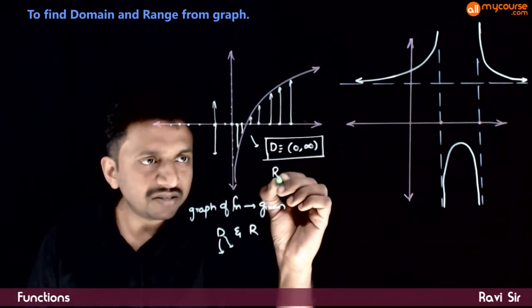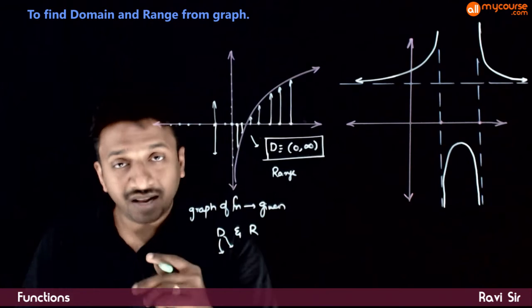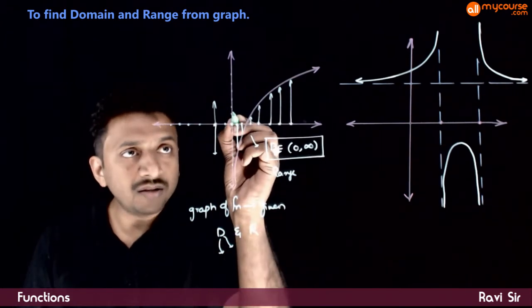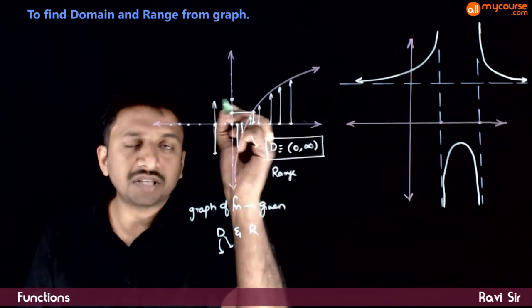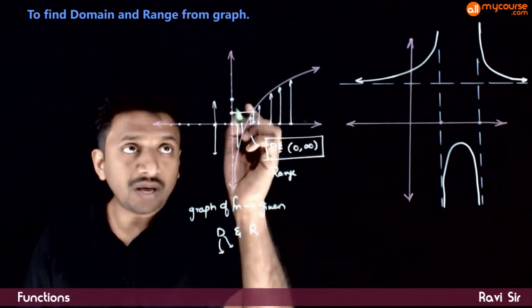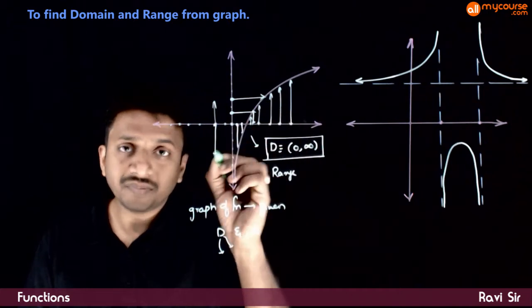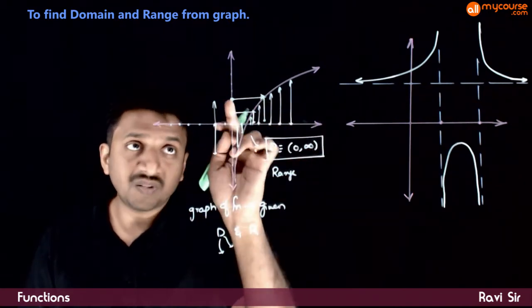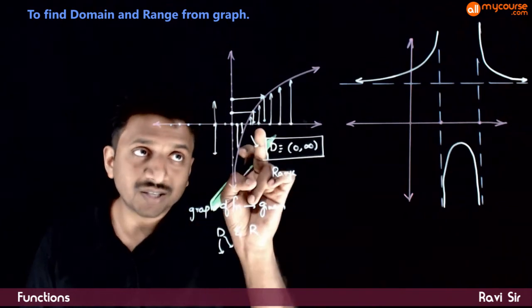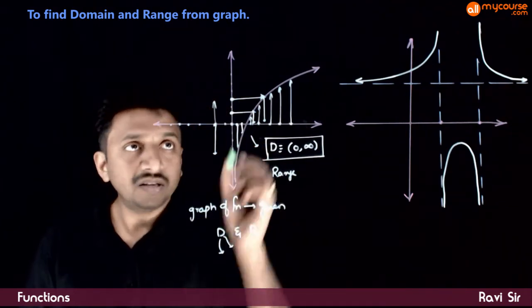Now what is the range? Range is all those values of y for which an x exists. So you have to start with the elements on the y-axis and go horizontally. If the line cuts the curve, then it is okay. This point is in the range. That means corresponding to this x, you have a y.